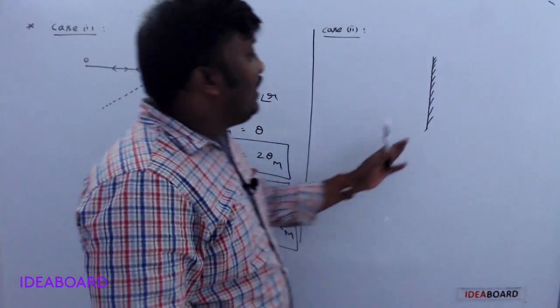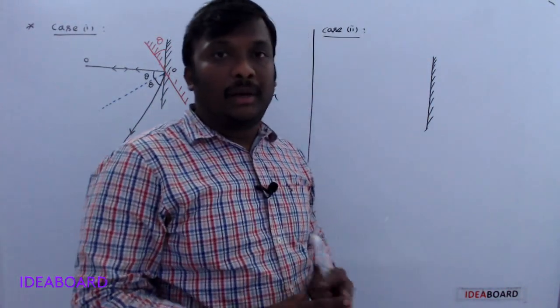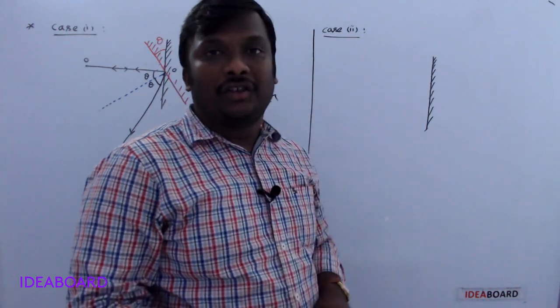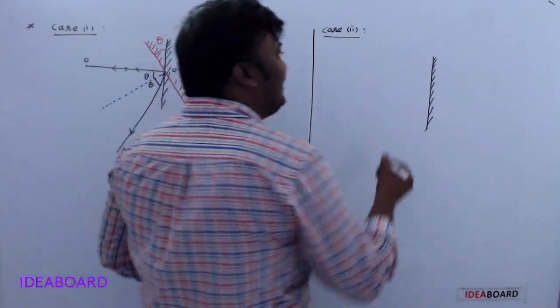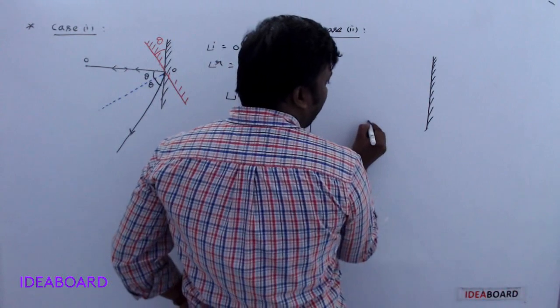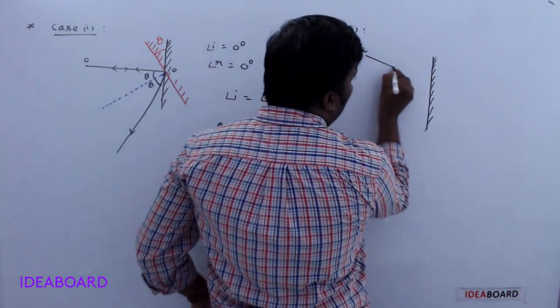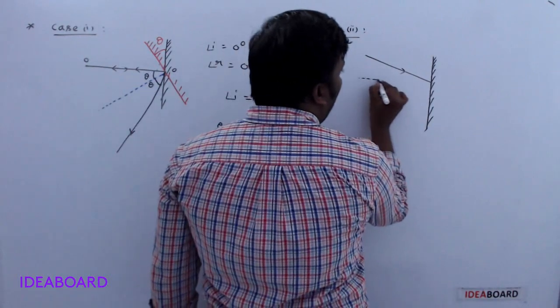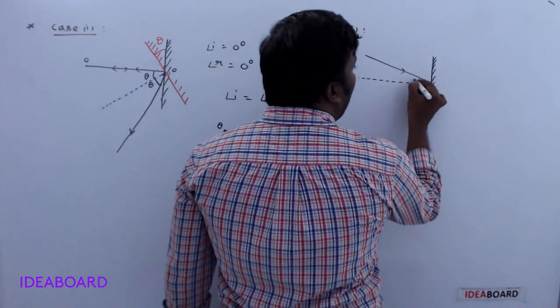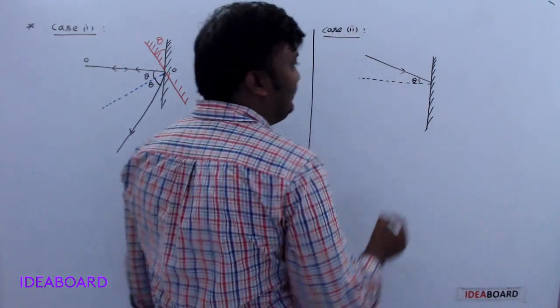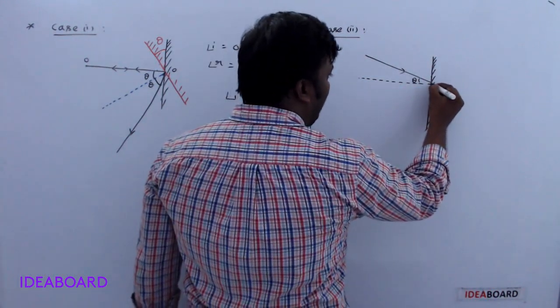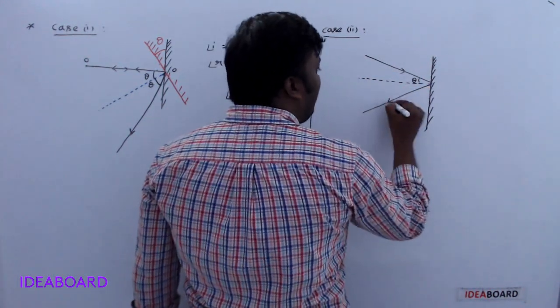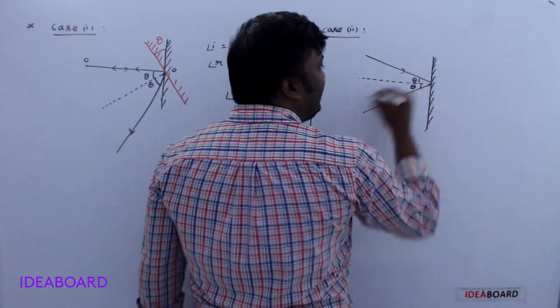Now, if the mirror is fixed but the incident ray angle changes, then what happens? This is the fundamental case here. Suppose this is the incident ray, which makes an angle theta with the normal. Then from the laws of reflection, we know the reflected ray also makes an angle theta.